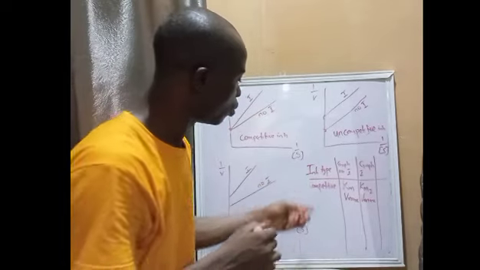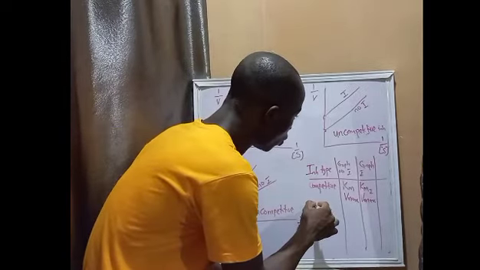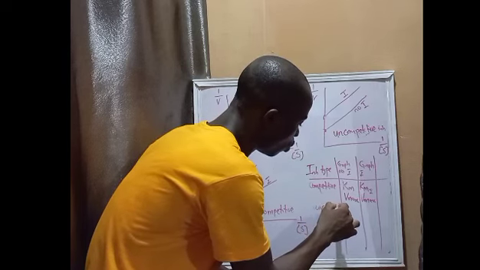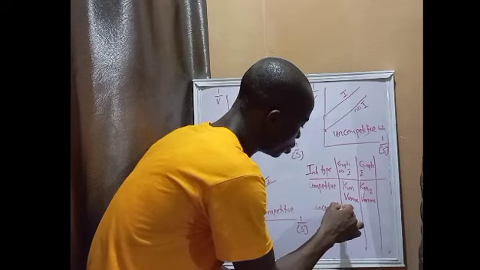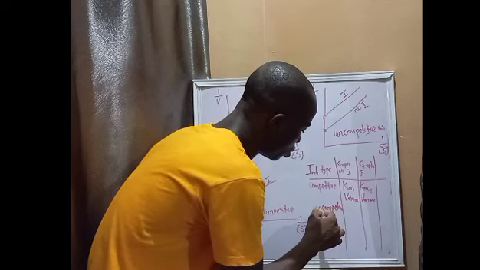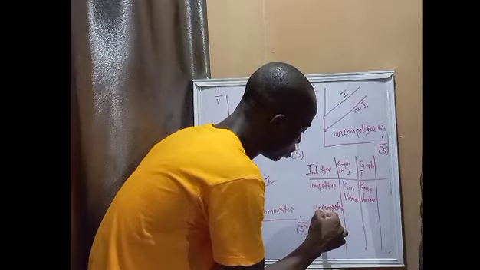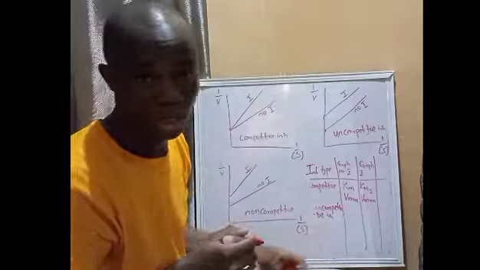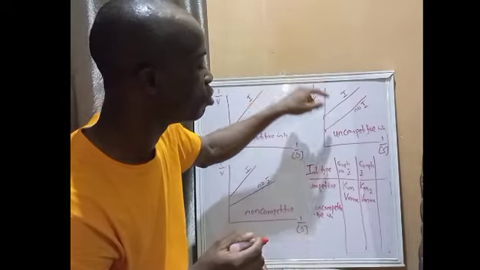Okay, now for uncompetitive inhibition. Now in this case, both the Km and the Vmax are different.